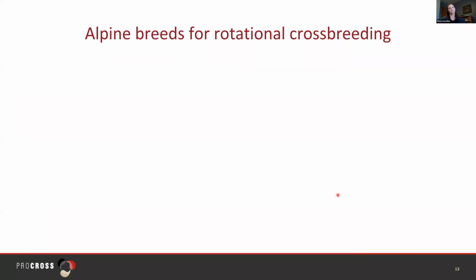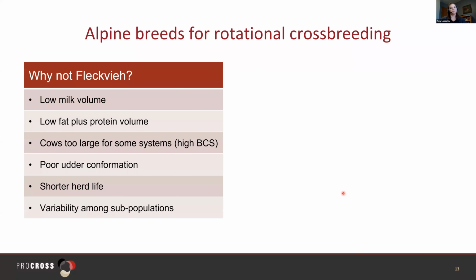So just to recap differences then within the Alpine breeds. Why don't we support Fleckvieh for crossbreeding? It's because of these lower volumes of milk and lower fat plus protein that comes with using this breed. Plus, cows are too large for some dairy systems.